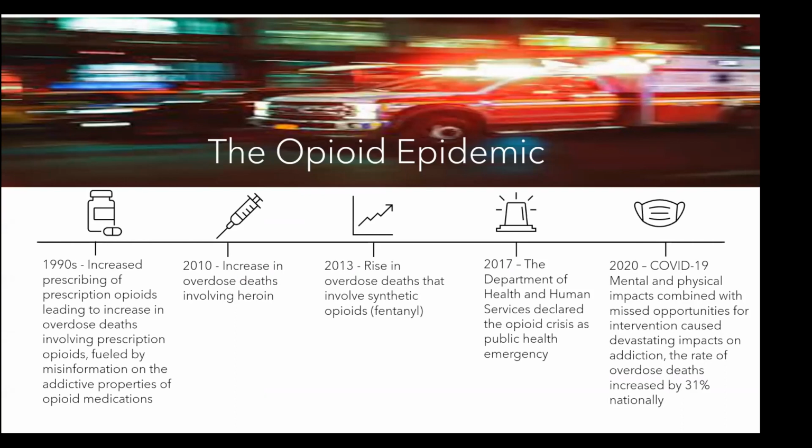In 2017, the HHS declared the opioid crisis a public health emergency. Then in 2020, COVID-19 impacted the nation, and the US actually saw an increase of 31% in opioid overdose deaths. This was largely due to the mental and physical impacts of the pandemic combined with missed opportunities for intervention.